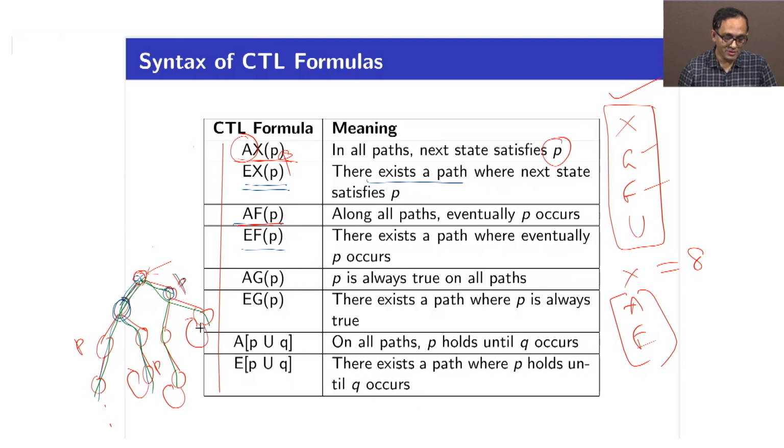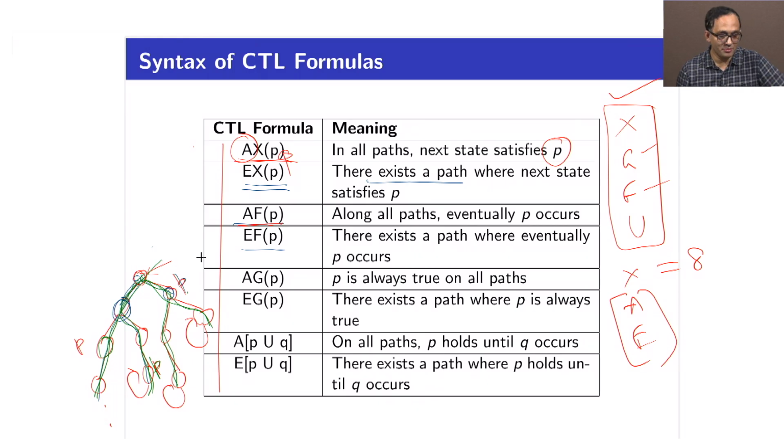In all paths, in the future P has to hold. Think about this path: in this path in the future P holds, because in this state P holds. In this path also P holds in the future. Here there are 2 paths, and in both paths P holds. So in both cases P holds in the future.